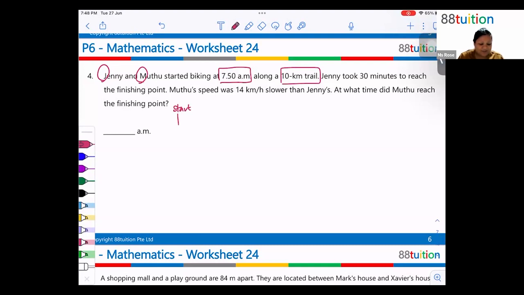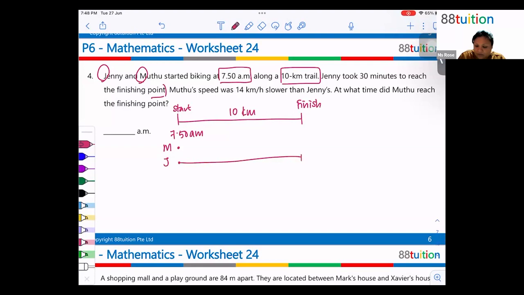So there's a start of the trail, and the length of the trail is 10 kilometers. Now, what happened here is both of them started biking at 7:50 a.m. So you have Muthu and you have Jenny. Jenny took 30 minutes to reach the finishing point. So this is the finishing point.